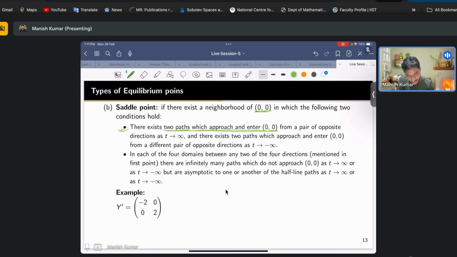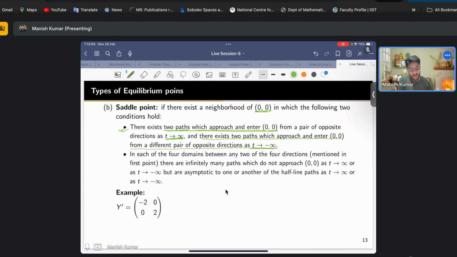The second condition is that there exist two paths which approach and enter (0, 0) from a different pair of opposite directions as t goes to minus infinity. Here, as t goes to infinity, the path should be like this, and as t goes to minus infinity, the path should go like this.